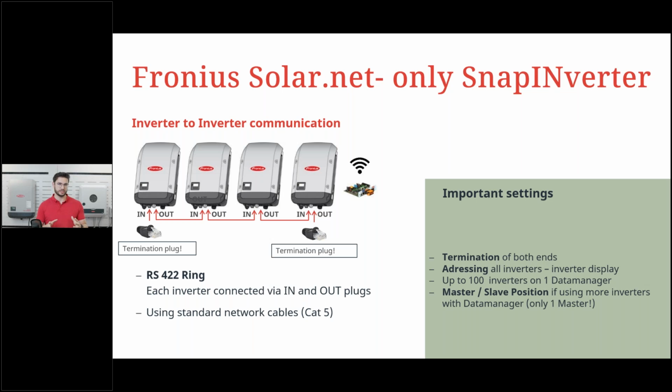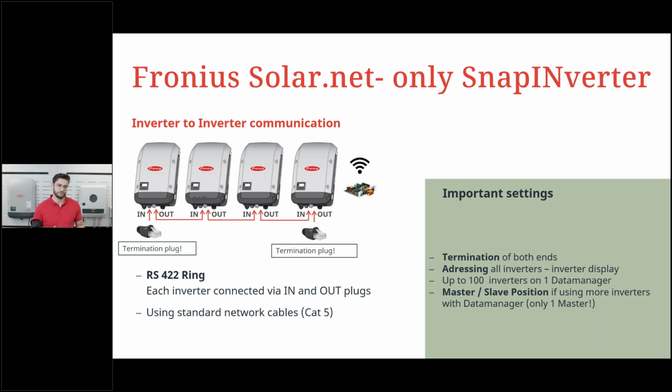Of course, this is a theoretical thing. It is still possible, but I wouldn't recommend doing this. I would say go with groups of 30 or 40 inverters per data manager to have more or less fail-safe. If something goes wrong, you still have other systems, other data managers up and running.